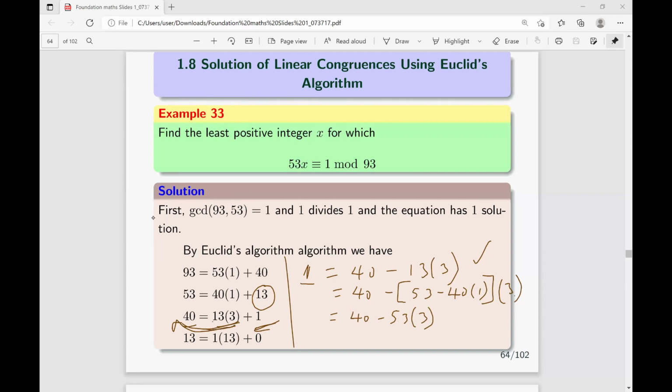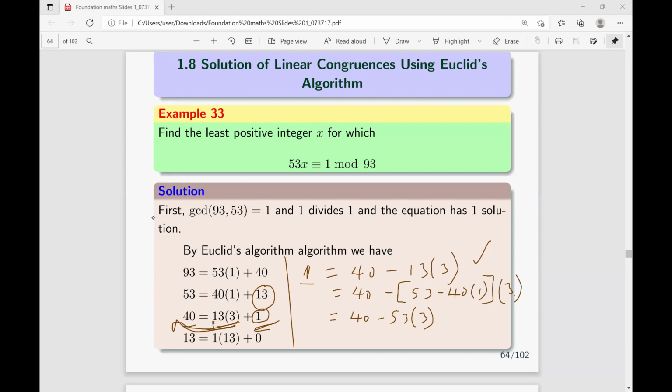You see it's plus here. When you take it to the other side, it becomes minus. That's why I have minus 13 times 3. Then from there, I have to replace all these remainders in the equation. Whenever these remainders appear, I replace them. So I've replaced the first remainder.